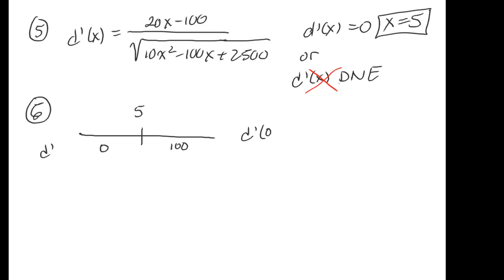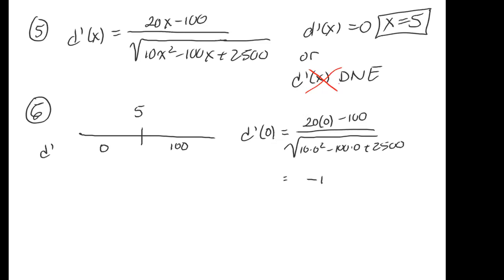D prime of 0 is equal to 20 times 0 minus 100 over the square root of 10 times 0 squared minus 100 times 0 plus 2500. Put that in our calculator. That's equal to, the top is negative 100. The bottom is square root of 2500, which is 50. So that's equal to negative 2, which is less than 0, and that's all that we really care about.